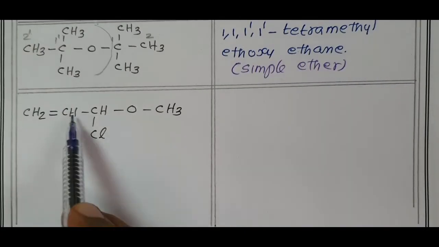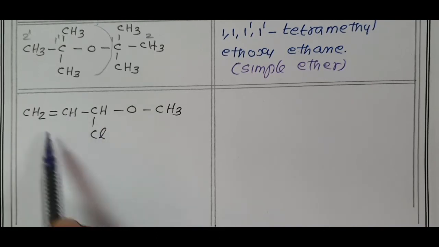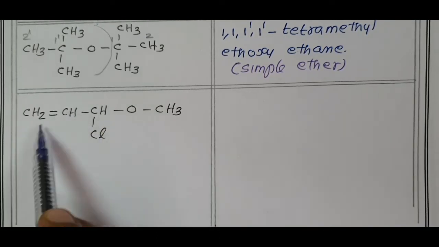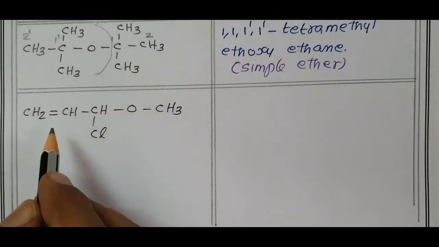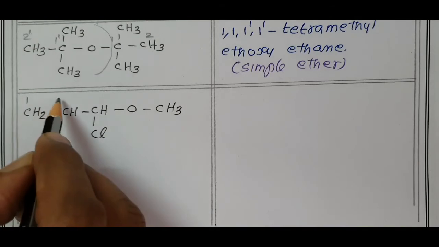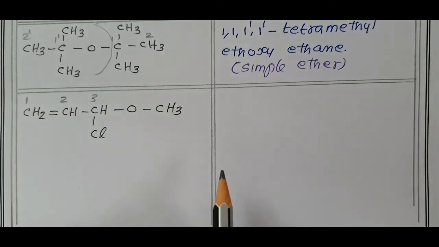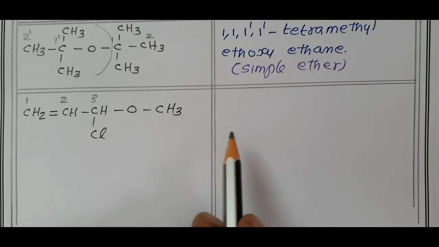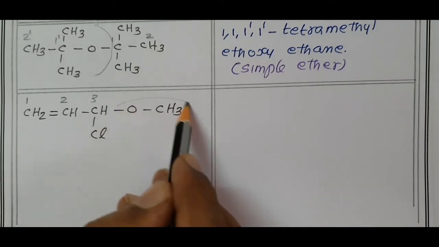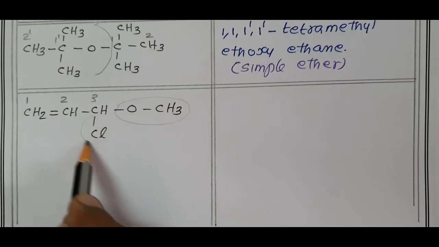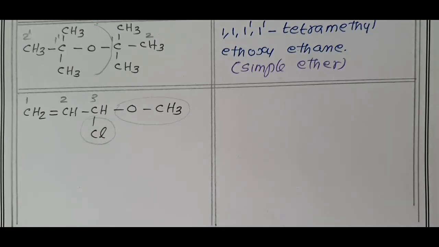CH2 double bond CH, CH, Cl, allyl chloride. OCH3, allyl chloride methyl. Here, the parent hydrocarbon containing the double bond should get the lowest number 1, 2, 3. This is your 3-chloropropene. Here methoxy. So in the third carbon, one methoxy we have. In the same third carbon, one Cl.